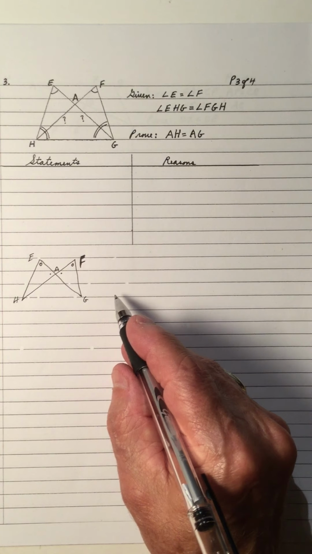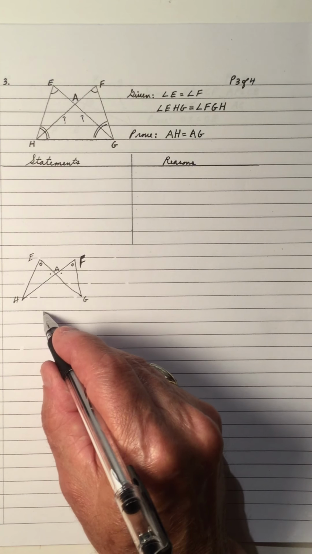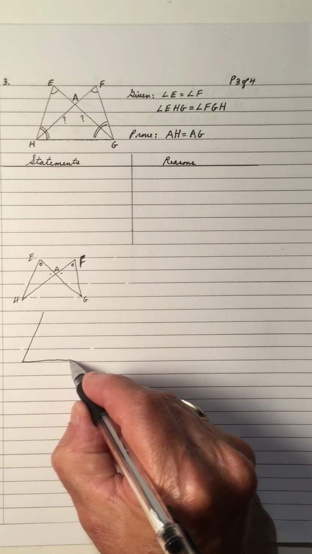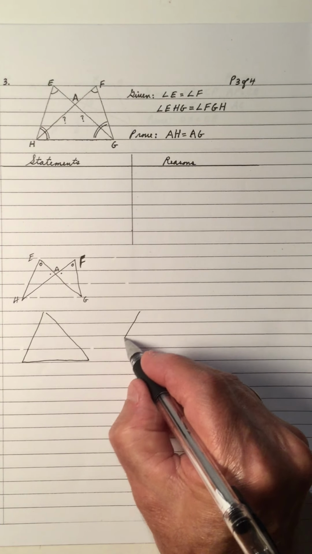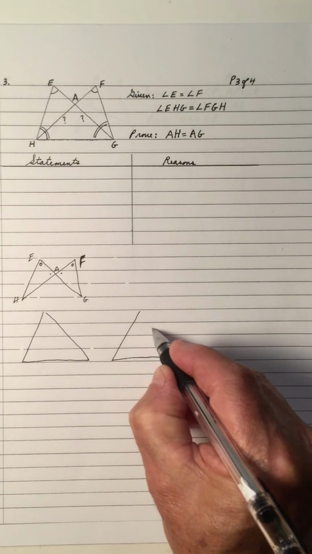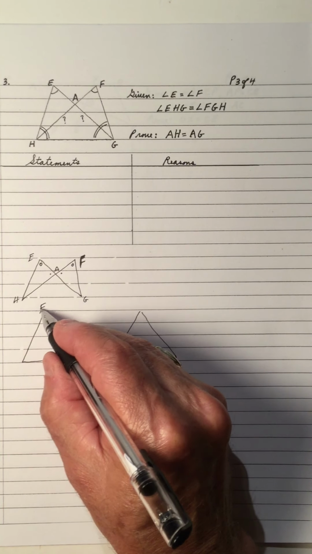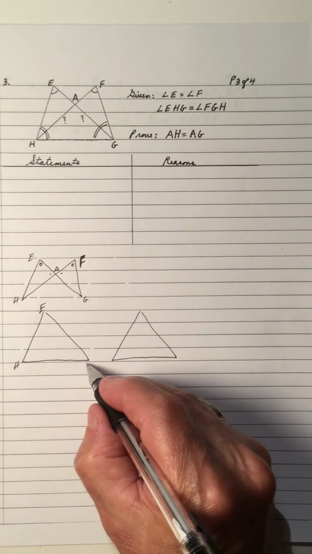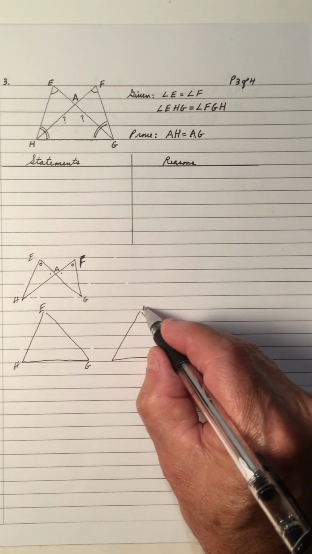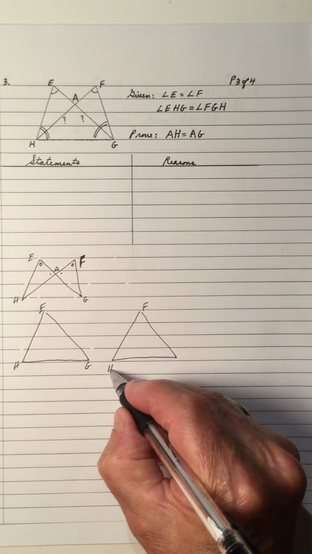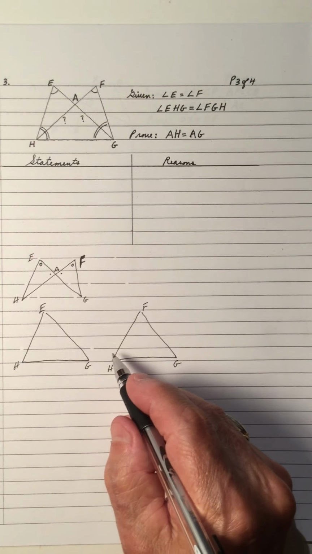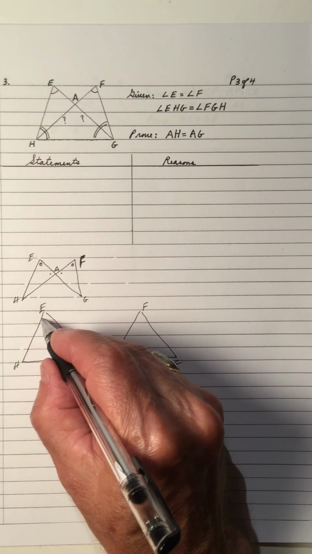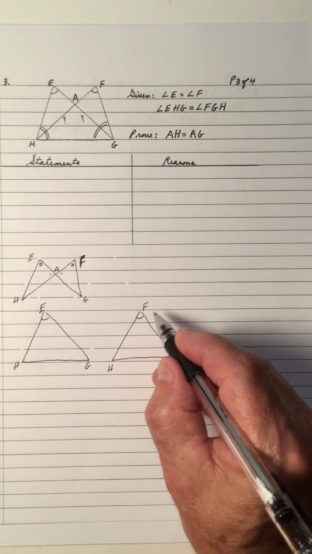So that means I have to look at these triangles. So I have to look at E, H, G, and F, H, G. And what we have here is angle E is equal to angle F given.